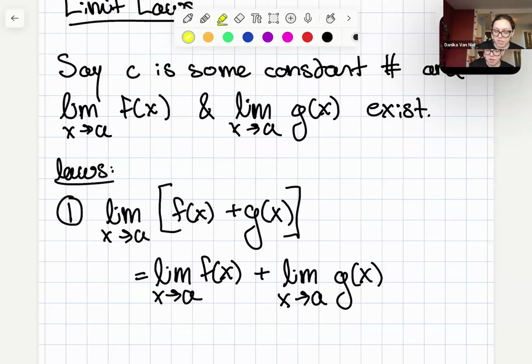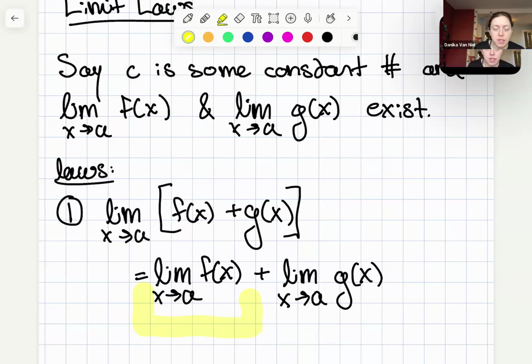So if the limit of one of these things didn't exist, this wouldn't really make a lot of sense, right? So say limit of f of x didn't exist, then distributing the limit over the addition doesn't make sense because then I have a does not exist plus like 7 or something, whatever the limit of g is. And what does that mean?